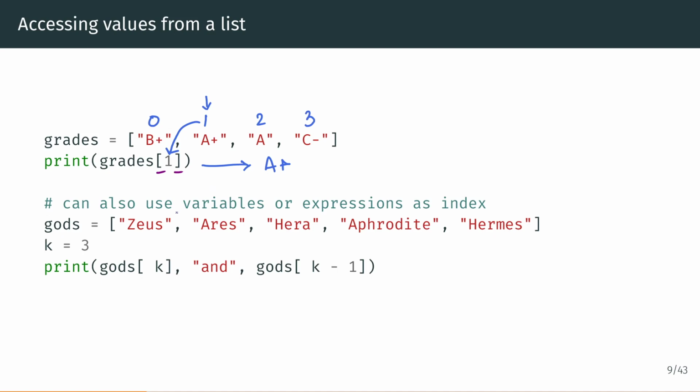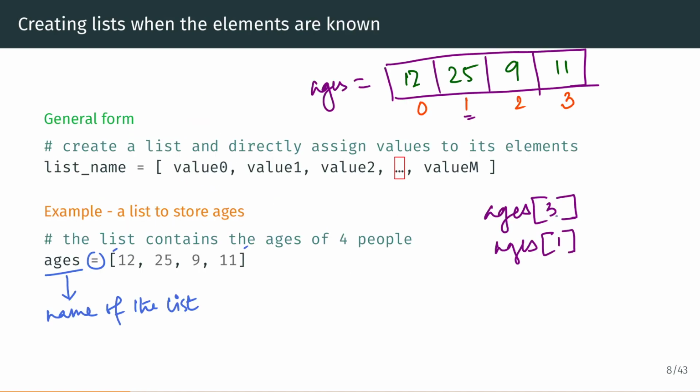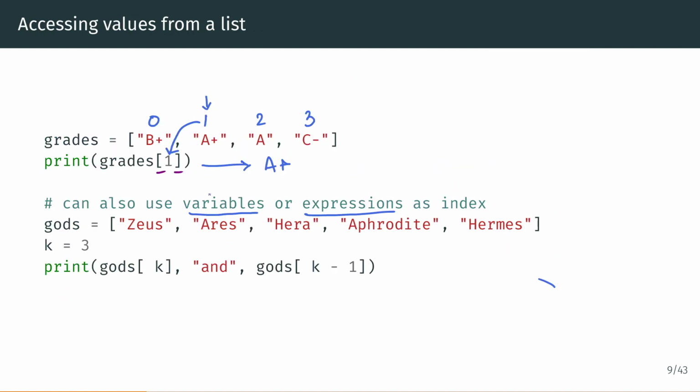You can also use variables or expressions as index. Previously we have been using constants for indices, numbers like 3 and 1. But you can also use variables or expressions.